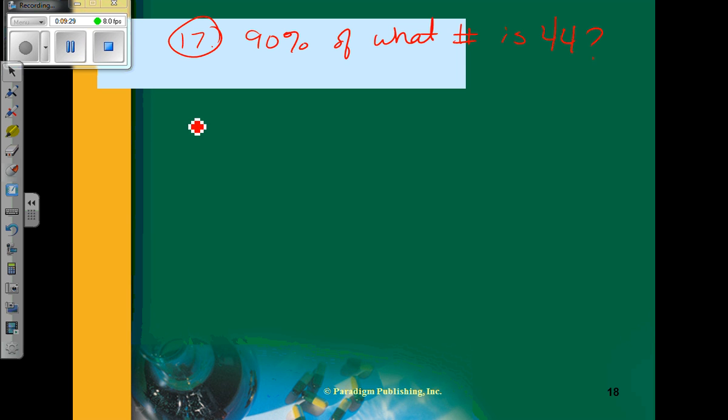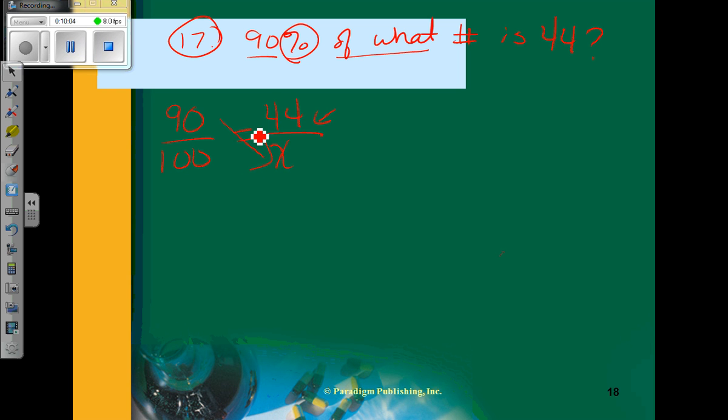Okay, so if you look here, we know the percent, so it'd be 90 over 100. And remember our rule, number is would go on top, so it is 44. So that's going to go on top. Of doesn't have a number behind it, so it's going to be your x.